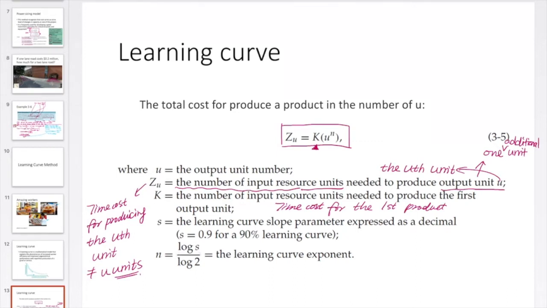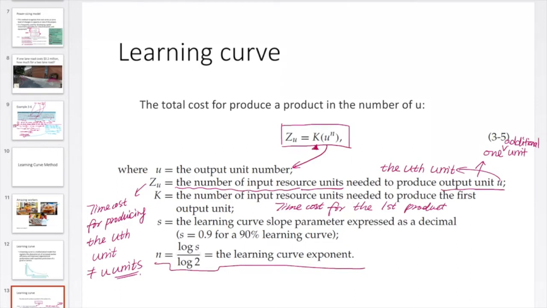So the K is just the time cost for your very first product. Okay, and then in the parentheses you have U. U is the output unit number. If you are looking at the 10th unit, then U is 10. Okay, it's just a number, which unit you're looking at. And then N is called the learning curve exponent. For N, you need some additional calculation.